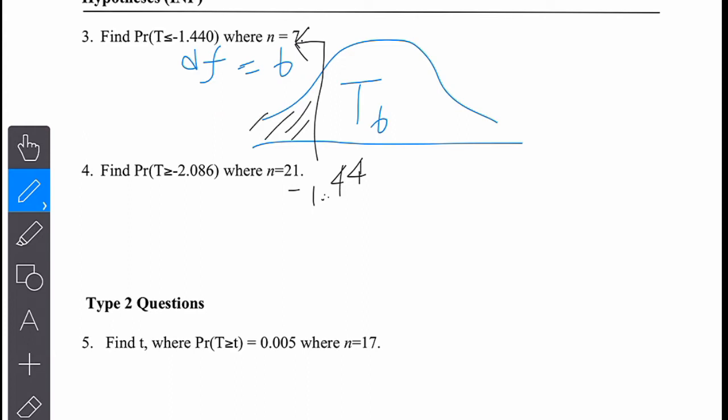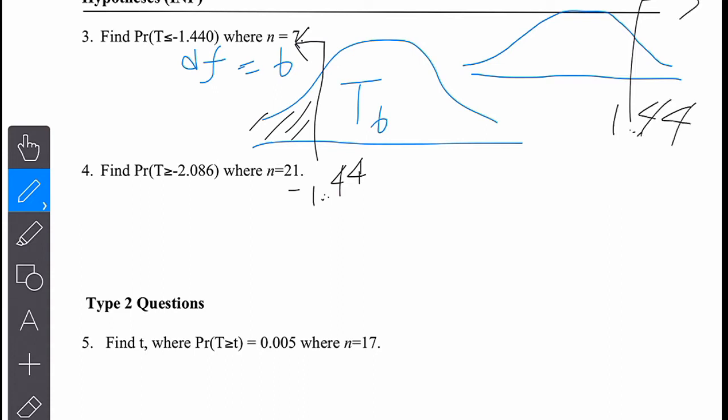The table gives me tails on the right side, so I can use the property of symmetry to depict this and say, well, what if I just get this one, and then it has to be the same area, right?